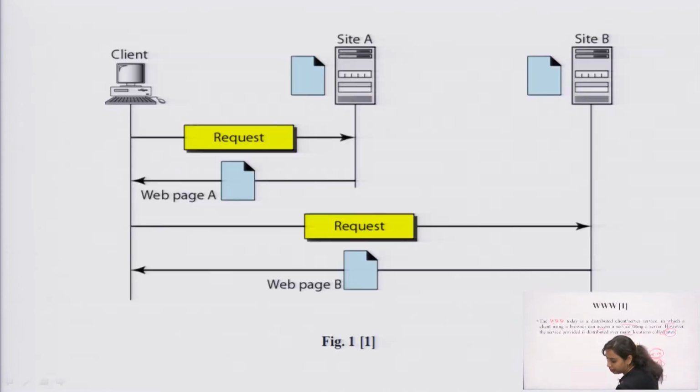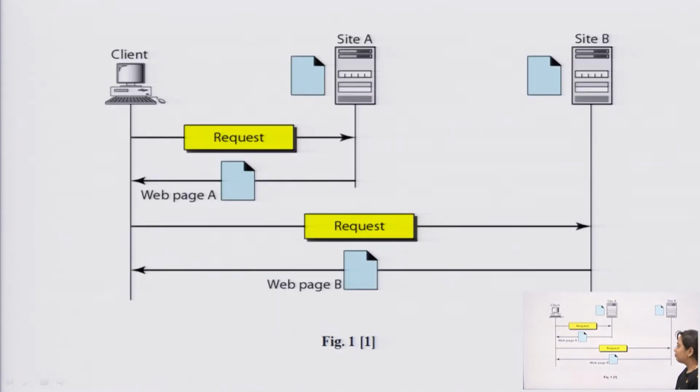Now, next is this diagram which shows how the request will be raised and how it will be acknowledged. There is a first site, this is site B, and there will be n number of sites connected to a client. The client wants to access an application and the server provides that access.